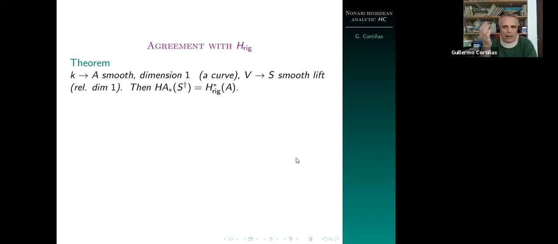Well, you may recall that smooth commutative algebras are usually not smooth in the noncommutative sense. They are not quasi-free, except when the dimension is 1. So when the dimension is 1, my S, because it is smooth of relative dimension 1, is quasi-free. And this is the key for our proof.